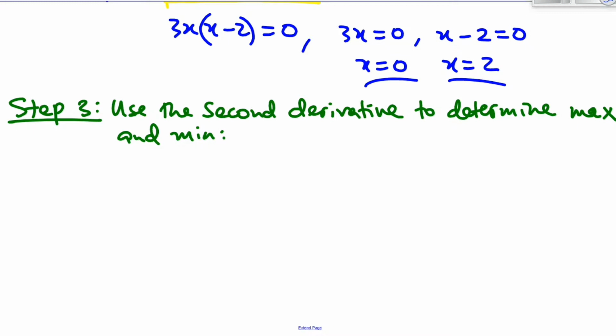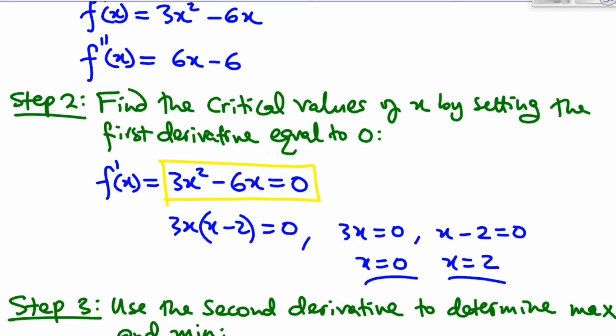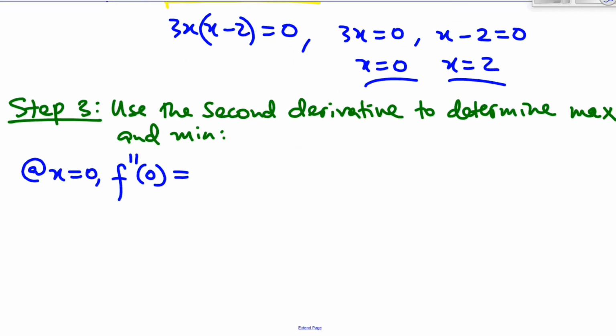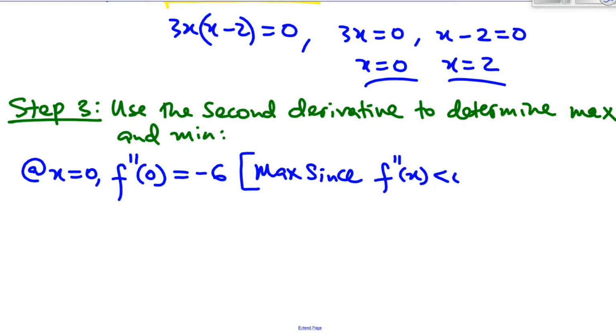So we can go ahead and say at x equals 0, the value of the second derivative, you just plug that into the second derivative, and that will be negative 6. And this means that this is a maximum since the second derivative is less than 0, from the second derivative test.